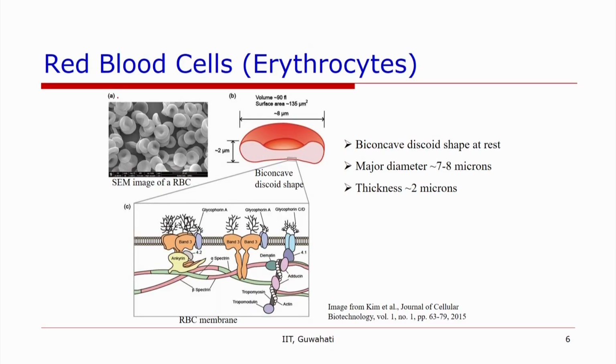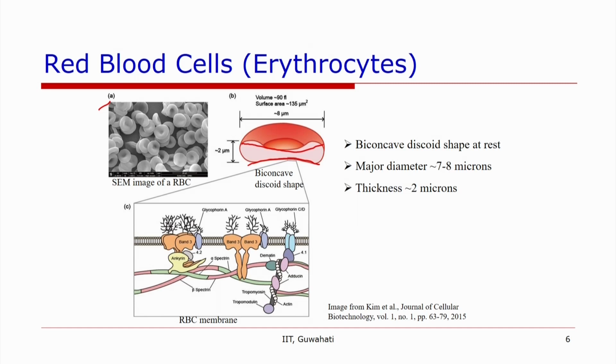In this image, part A is an SEM image of RBCs, and you might notice that the shape of an RBC is a disc shape, which is biconcave, concave on both sides, and the diameter of this disc is about 7 to 8 micron, and 2 micron is the thickness of the disc.